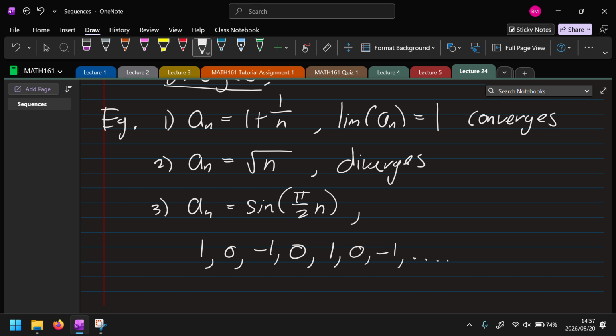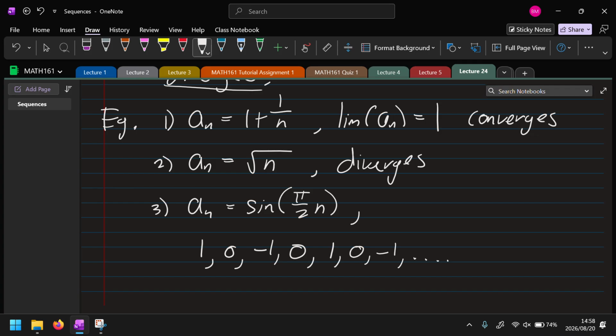Does this have a limiting value? Think about it. Does this have a limiting value to it? No, it doesn't. It's alternating. So we have 1, 0, minus 1, then back to 0, back to 1, back to 0, back to minus 1. It alternates between those three values. It's continuously alternating for every n going on.